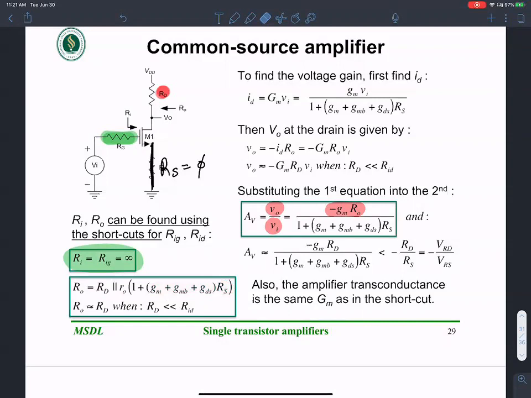That's the idea. So the gain can be expressed as negative gm RD by 1 plus gm plus gmb plus gds times RS. So that's the common source amplifier, bread and butter gain stage.